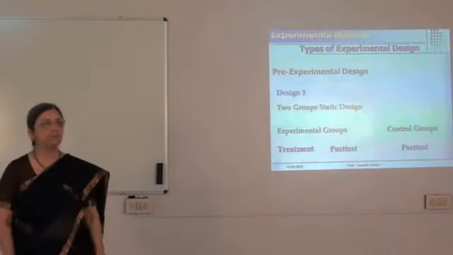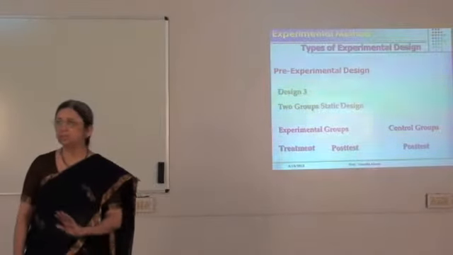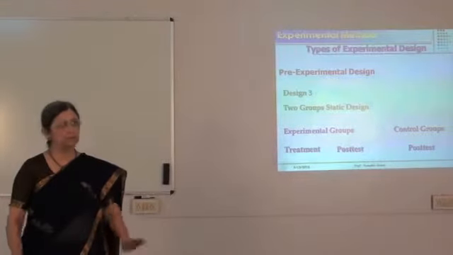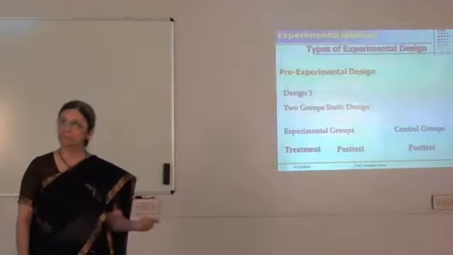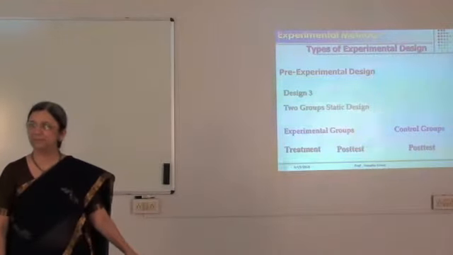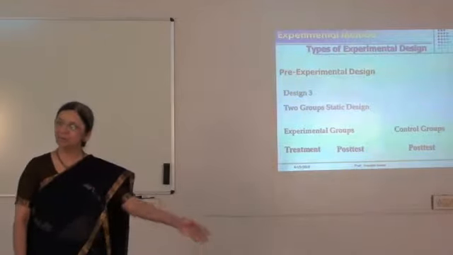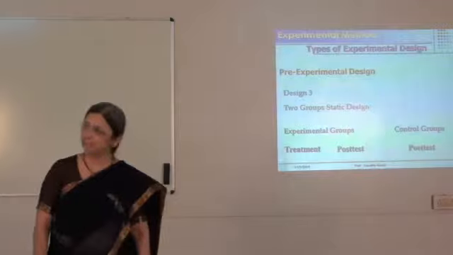So you are not giving a pre-test to both the groups. You select two groups. How you select? I have not said randomly, right? As you like. They are not selected randomly. That's why it is called pre-experimental design.